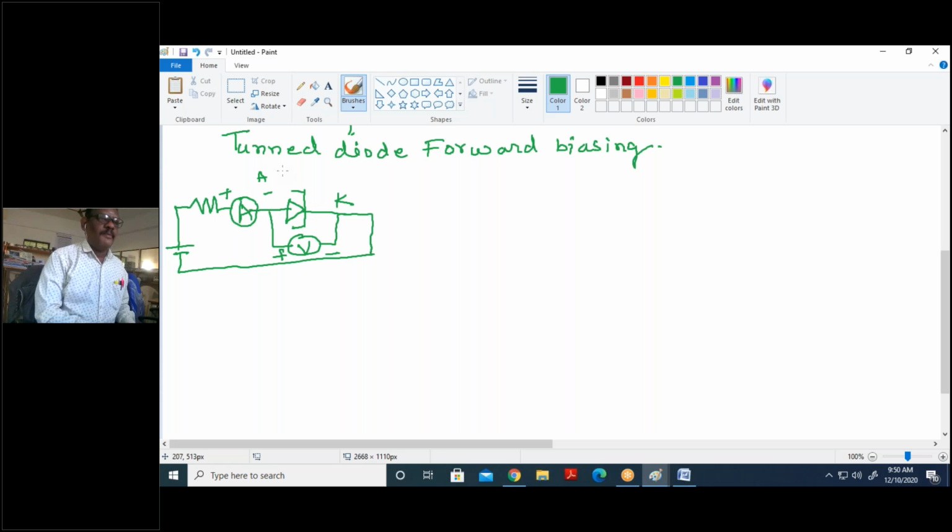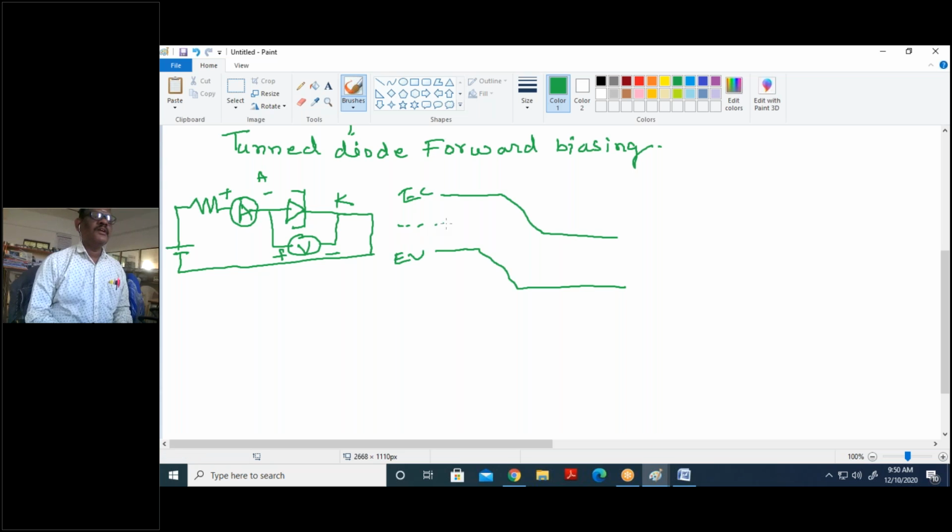In forward bias condition, now with respect to energy gaps, energy band diagram, EV, EC, and the middle one is called empty energy gap, EG.